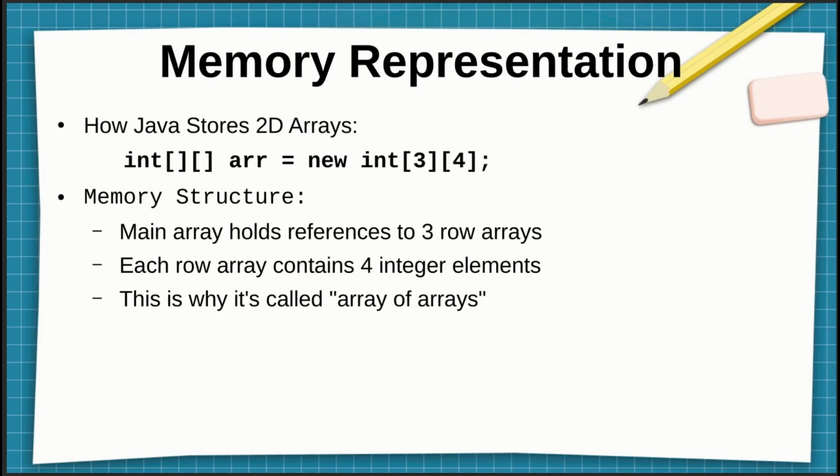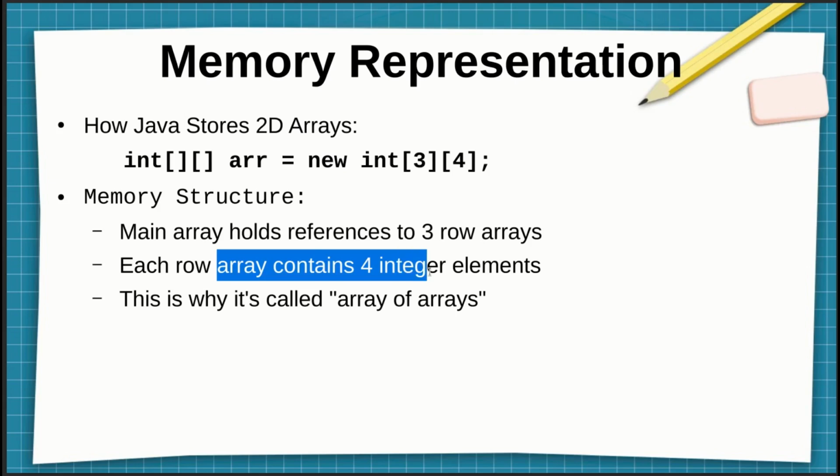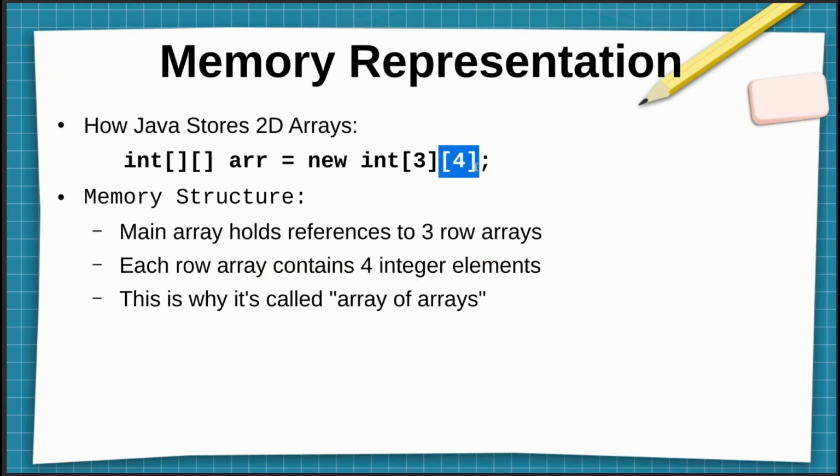The main array holds references to 3 row arrays. That means the first dimension in a two-dimensional array always represents the rows. Each row then contains 4 integer elements. That's the other index right here. And that is why it's called an array of arrays.